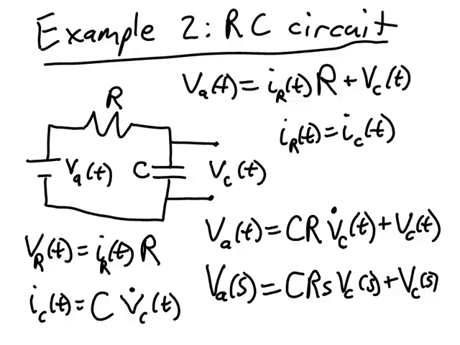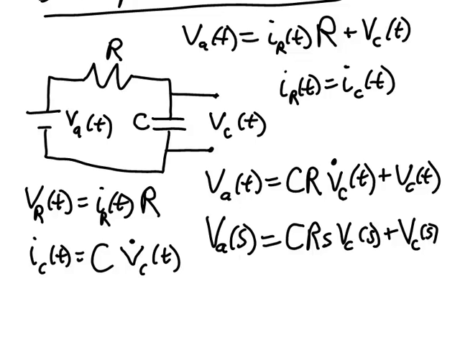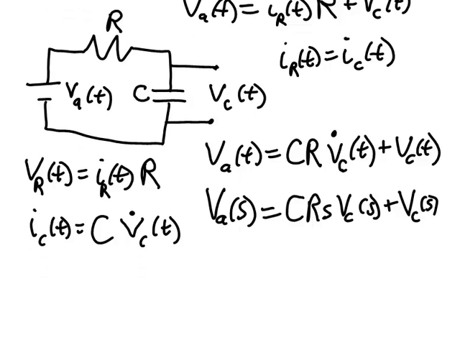The last thing I have to do here is put this into transfer function form. The transfer function form is the output divided by the input. The output here is VC of s. So I'm going to factor VC of s out of this side of the equation.